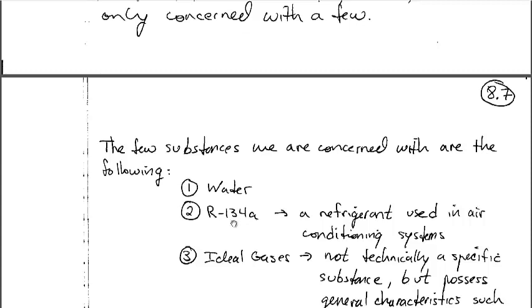And R134A is basically what we call a refrigerant, and it's used in air conditioning systems, in refrigerators, and deep freezers, and basically anything that operates on a refrigeration cycle. We'll talk more about the refrigeration cycle later on this semester. Therefore, it's necessary for us to be able to determine properties for a refrigerant, of which R134A is an example.